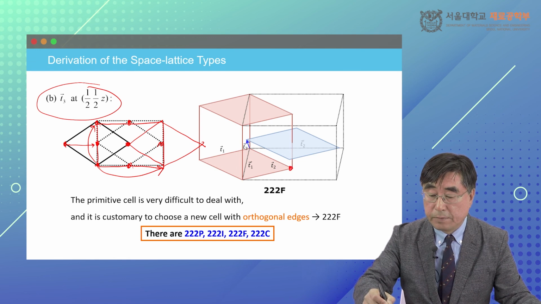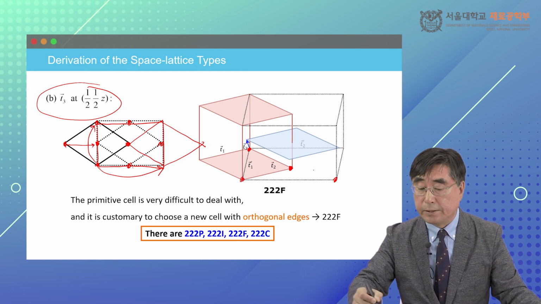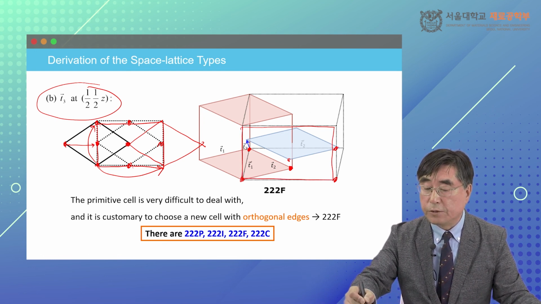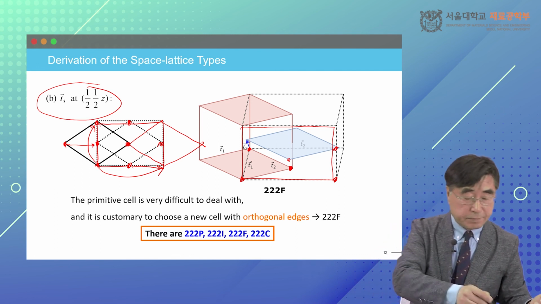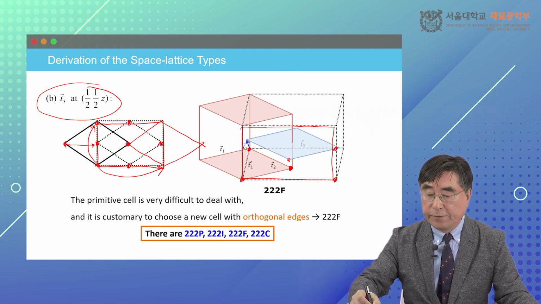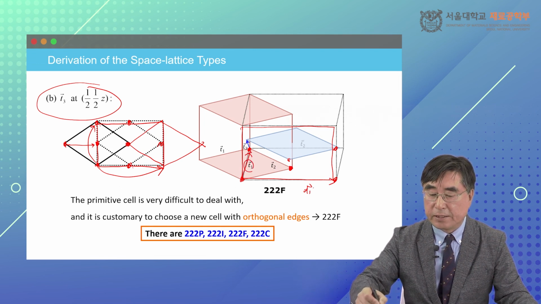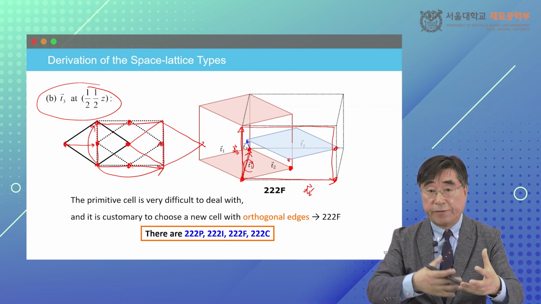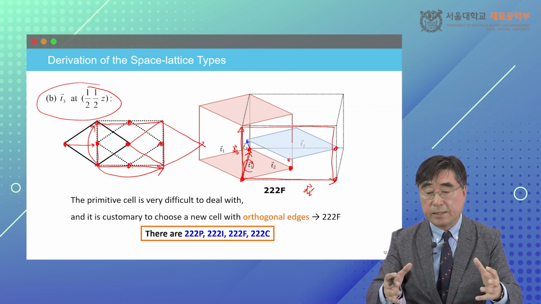In the bottom there are extra lattice points defined in here, here, and here. Now this extra lattice point is the center of this, for instance, A face. This extra lattice point is the center of this B face, something like that. So in this case, if I define T1 axis in here and T2 axis in here, for instance, I set T1 prime and T2 prime and T3 vector as perpendicular, so the same as defining orthorhombic crystal system.